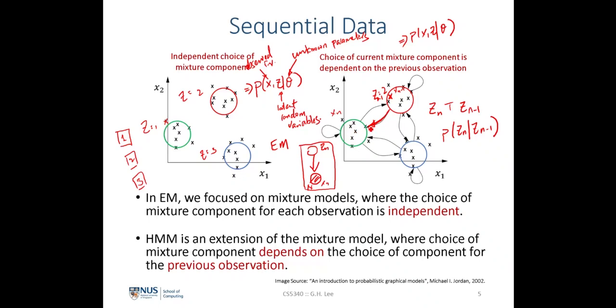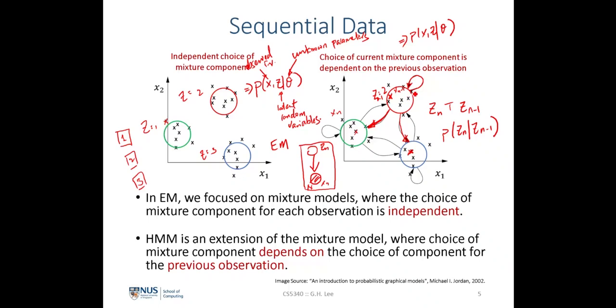So there is a certain probability that I'm going to draw a sample here, or there is also going to be a certain probability distribution that I'm going to draw a sample here, given that I have already drawn a sample in this class number 2 over here. So we are going to follow this probability distribution, or there could also be a probability that I'm going to draw a sample from the same cluster following this particular arrow over here.